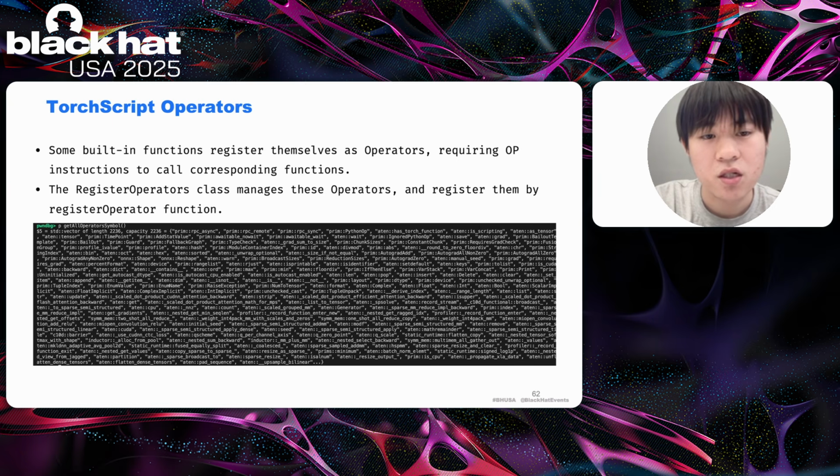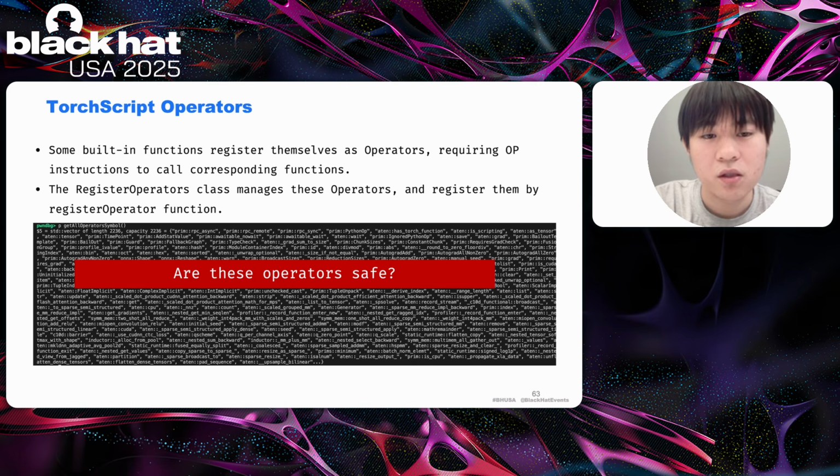Some built-in functions register themselves as operators, requiring OP instructions to call the corresponding functions. And the register operators class manages these operators and registers them by the register operator function. I patched the Python code and added one function to output all operators. You can see there are over 2,000 operators here.